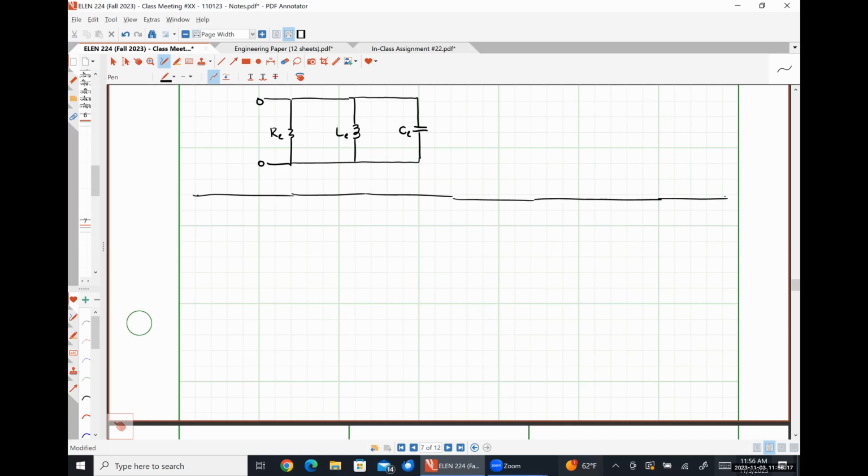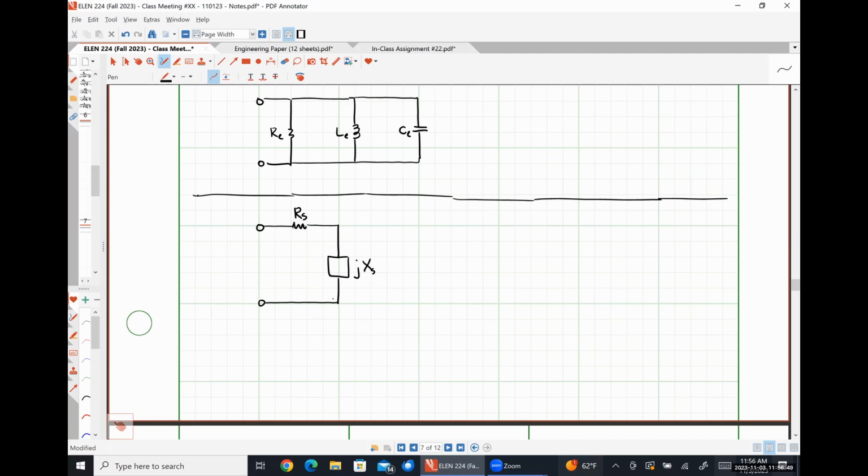Let's say that I have the following network where I have a resistance R sub S, where the subscript S is simply for series, in series with a reactance jX sub S. It does not matter in any way, shape, or form whether this reactance is provided by an inductance or a capacitance.